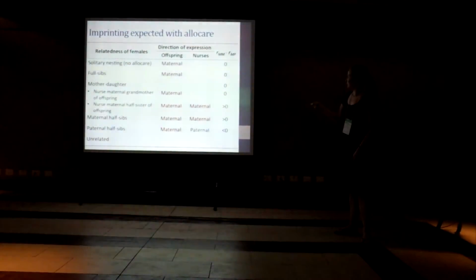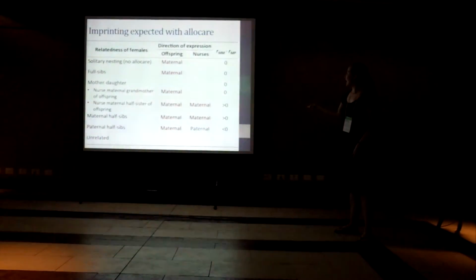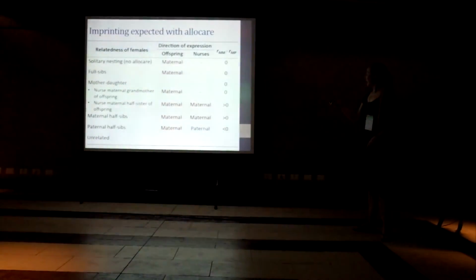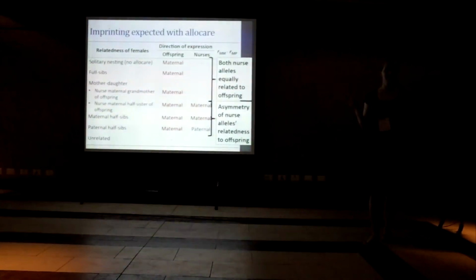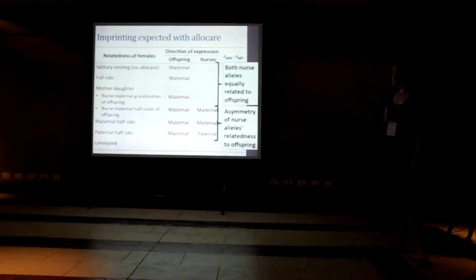In these first three cases, solitary nesting, which is what we saw with the maternal-offspring coadaptation model, but also if the mothers are full sibs, and in certain conditions where they're mother and daughter, there is no relatedness asymmetry. Here there is, and so this difference in when we see imprinting and when we don't is entirely explained by whether there is a relatedness asymmetry or not.